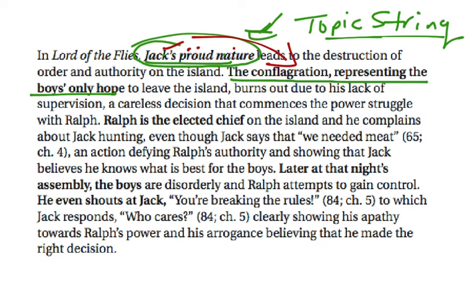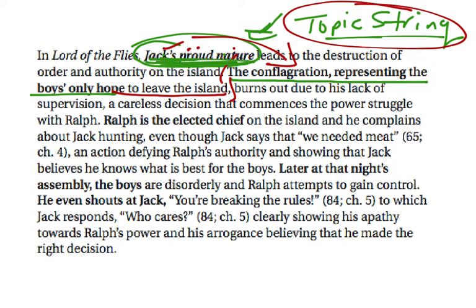So, the first couple words of the topic string have no connection to Jack's proud nature. So, if Jack's proud nature, let's say, is green, in terms of color, then suddenly we shift colors. And it doesn't have anything to do with Jack's proud nature.